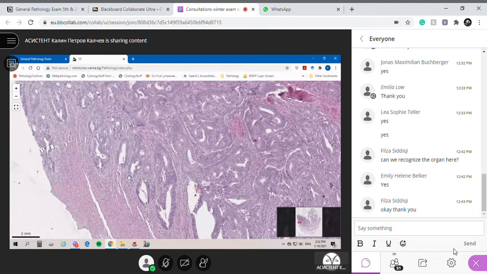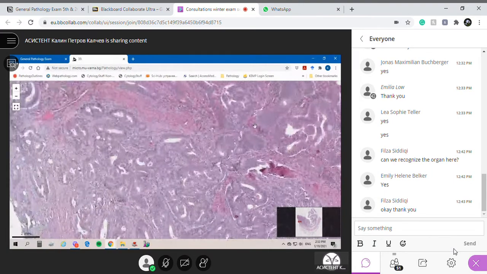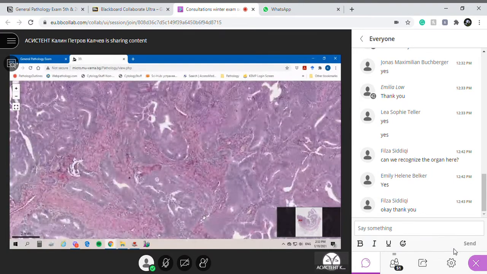In hollow organs like the colon, this depth of invasion defines the stage of the growth of that tumor. The more shallow the tumor is, the lower the stage.